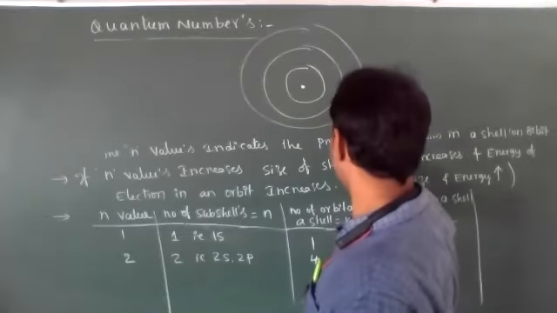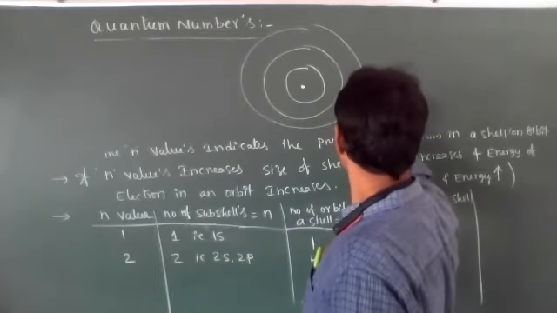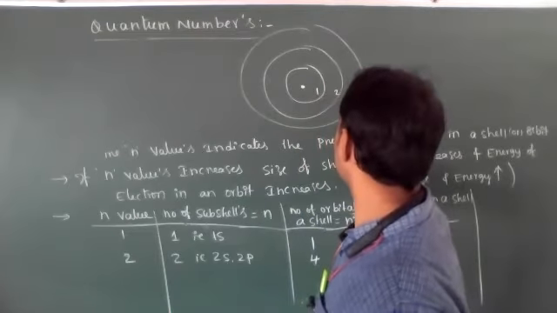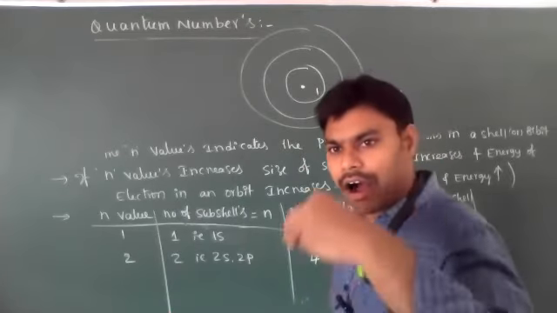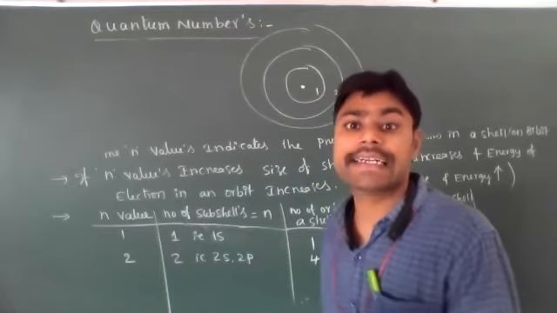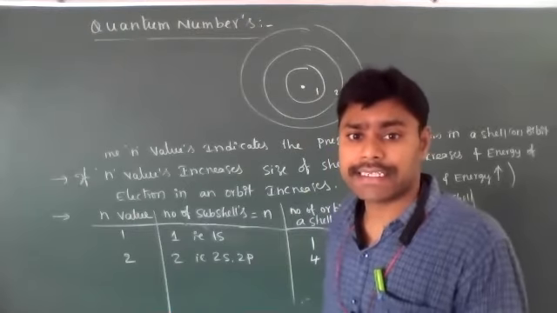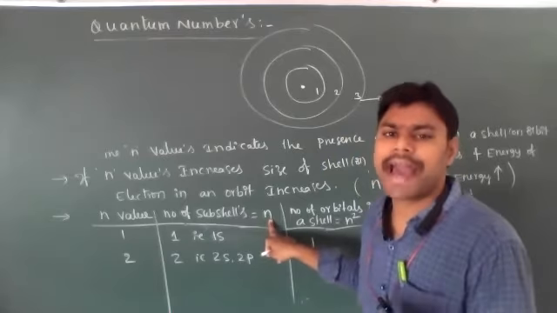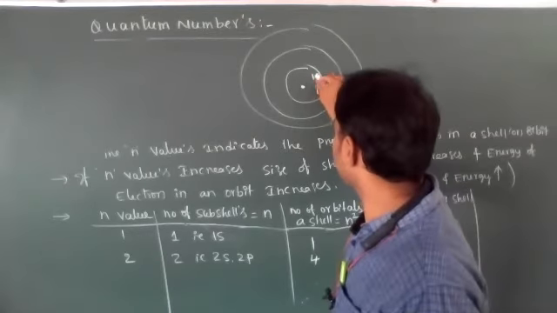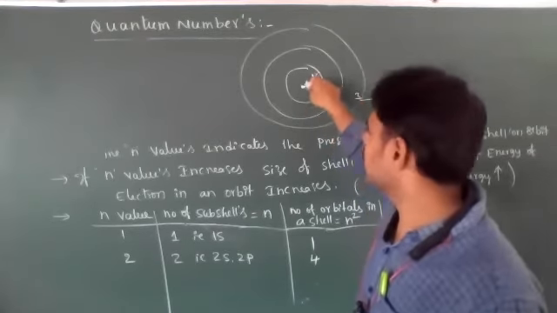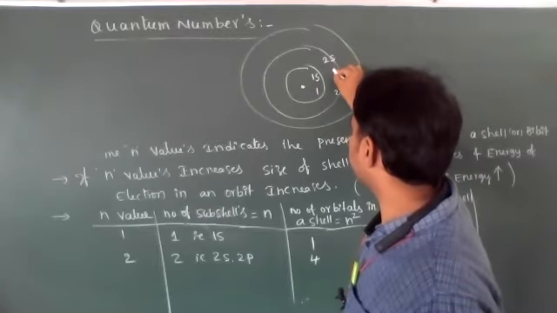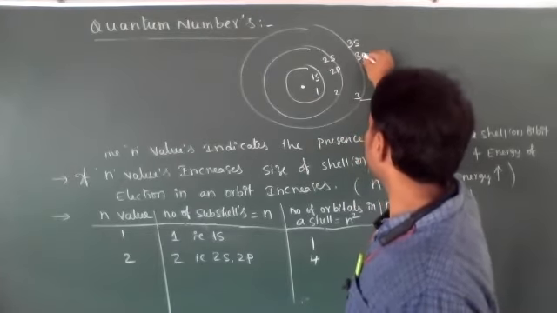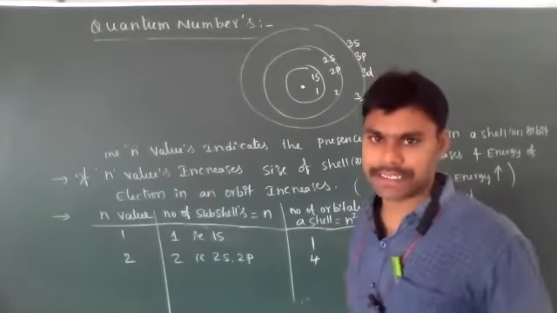These are the shells or orbits, and their numbers are represented by 1, 2, 3. In shells, they contain subshells. How many subshells are present in every shell? That is equal to n. So here only one subshell is present, 1s, but n equal to 2 contains 2s and 2p. N equal to 3 has 3s, 3p and 3d subshells.